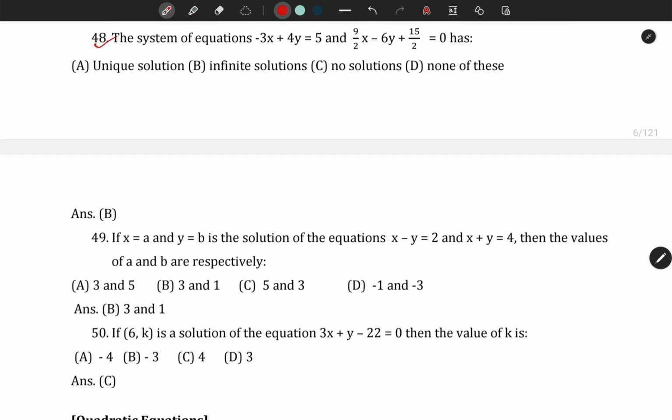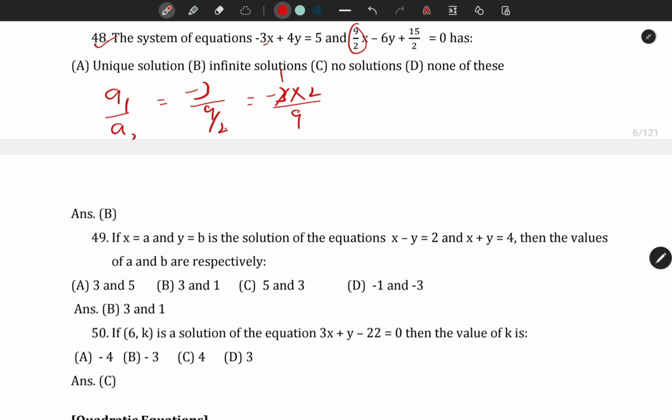Next, 48, the system of equations has, so let us find what is a1 by a2 in this case. A1 is minus 3, b1 is 9 by 2, so divided by 9 by 2, so this will be 3 into this 2 will go to the numerator by 9.